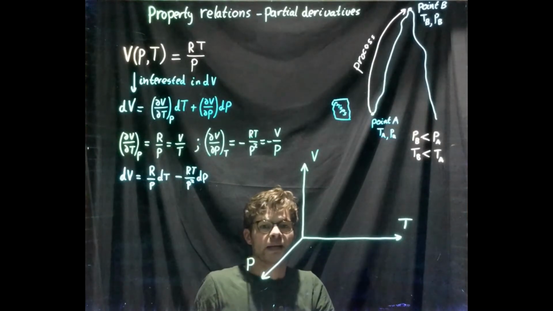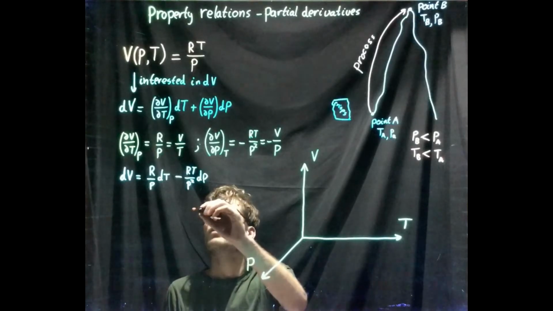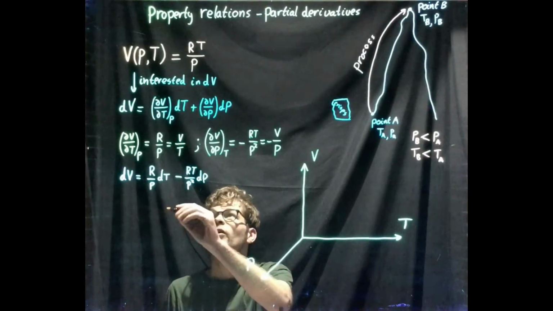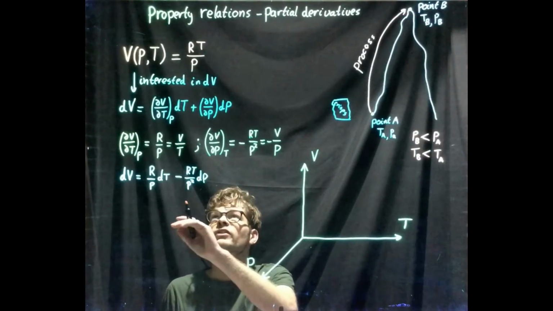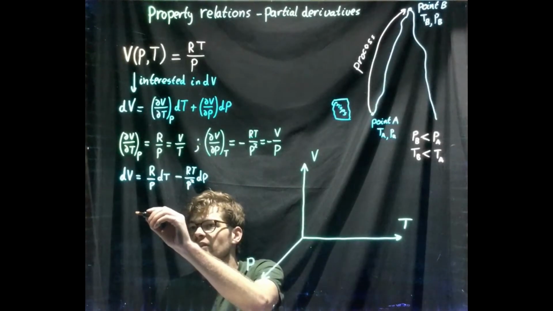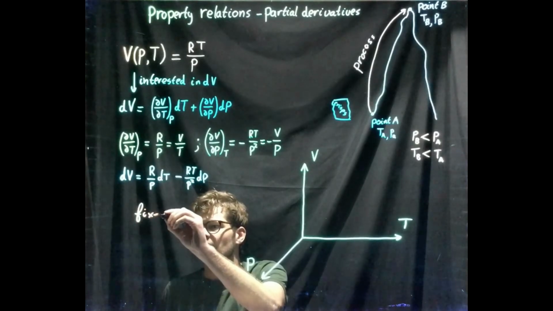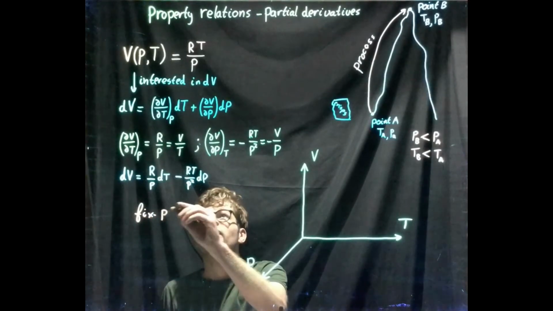And to make this diagram, I have to check how my volume behaves for instance at a fixed T or a fixed pressure. So I'm going to fix my pressure.